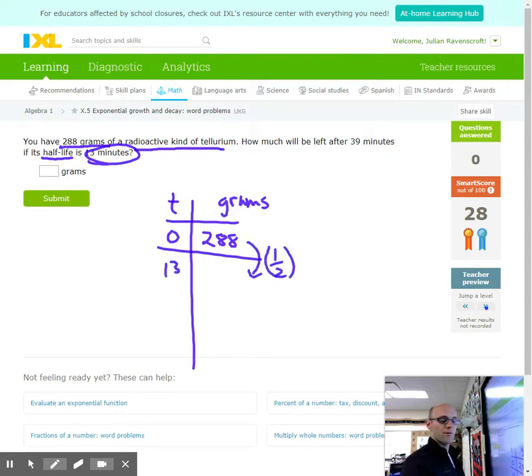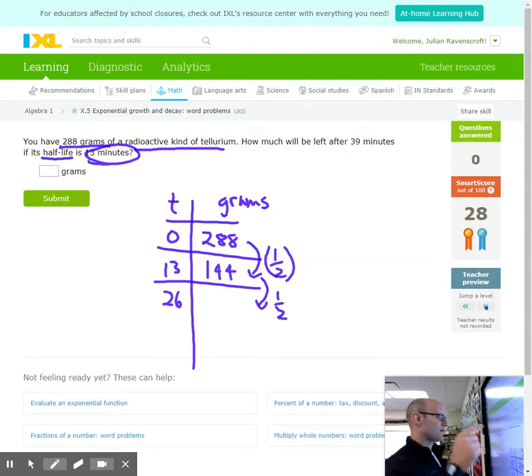We're going to multiply it by 1/2. And then once another 13 minutes have gone by, a total of 26 minutes, it's going to be cut in half again. So you just need to figure out how many times I'm multiplying 288 times 1/2, right? First time you get 144, you multiply it by half again.